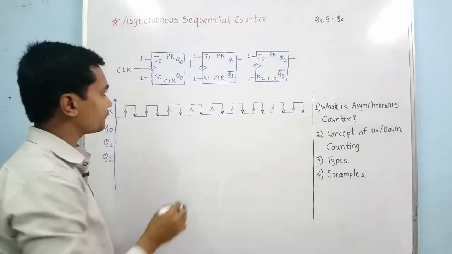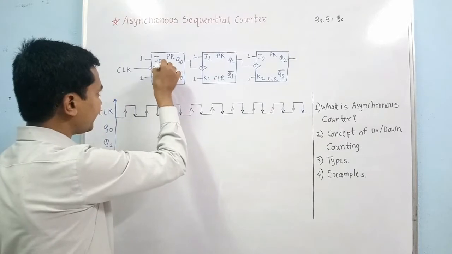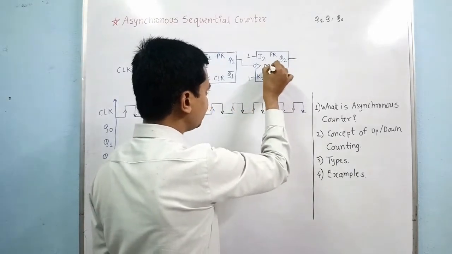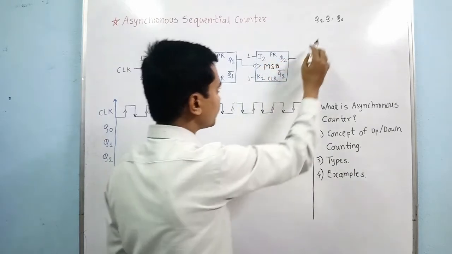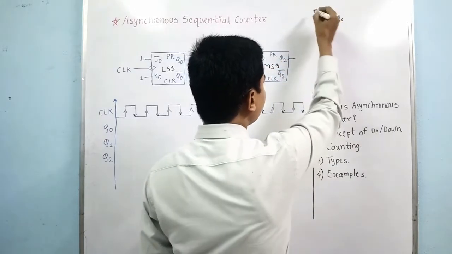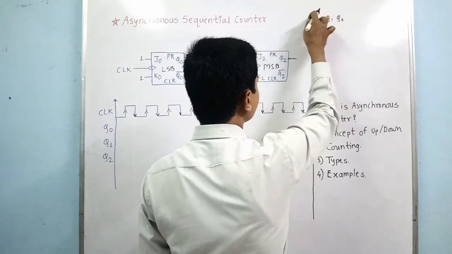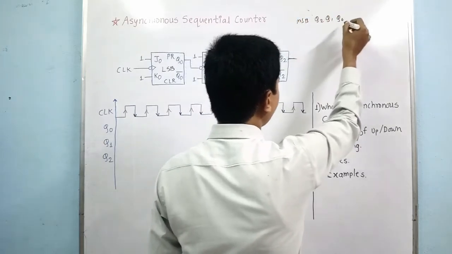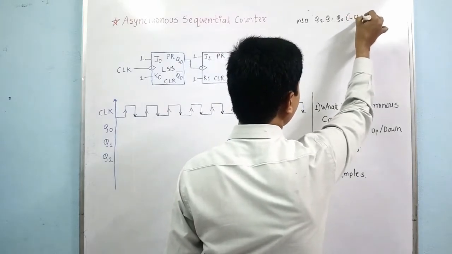That's why this flip-flop is considered the LSB and this flip-flop is considered the MSB. That's why I wrote Q2, Q1 and Q0: Q2 is the MSB and Q0 is the LSB.